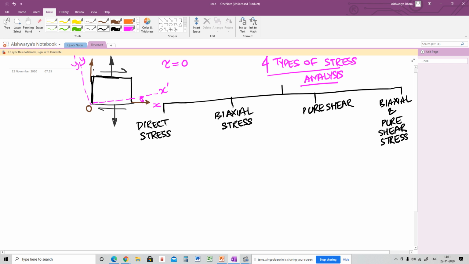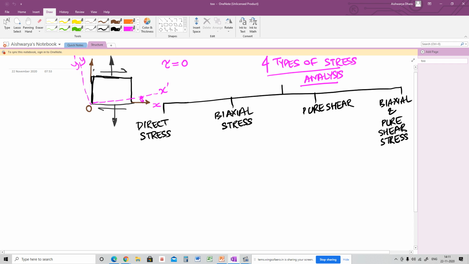So there will be many different loading systems. Based on the different types of loading system, how the principal axis plane will change and what the maximum angle will be is our aim to find in this topic. Basically we will see the four different cases.